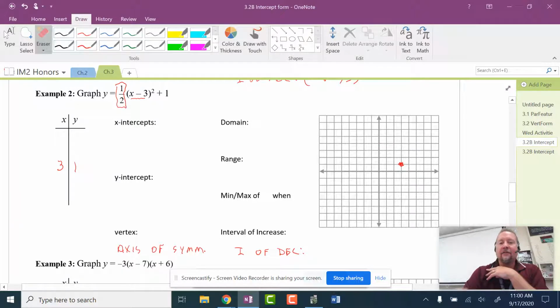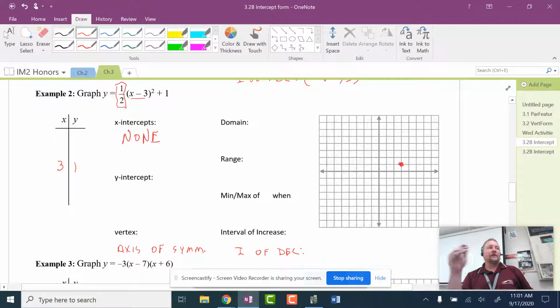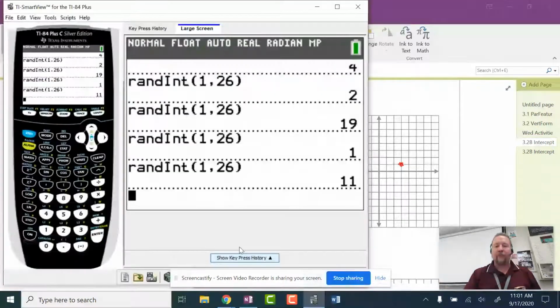X-axis is down here, and this parabola is going up when we actually graph it. Will there be X-intercepts? No, and that will happen. So not only is this not intercept form, this particular parabola does not have any X-intercepts, and that is going to be something that will happen. So I just wanted to make sure you understood that as we move forward.